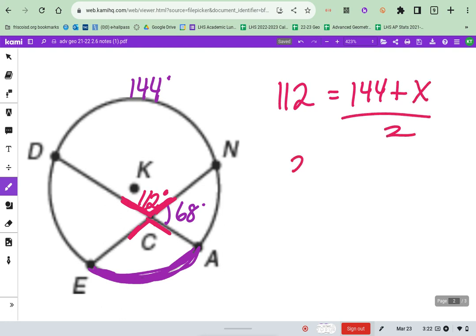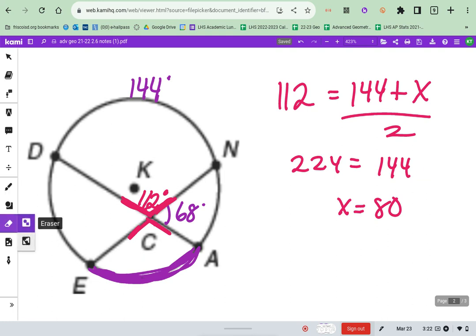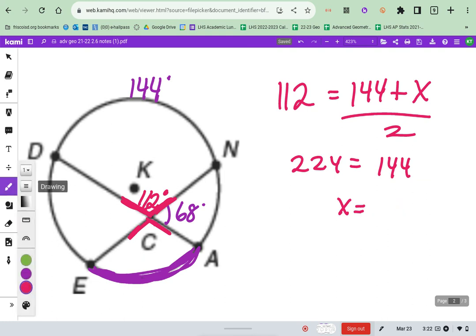So you'd get 224 equals 144 plus x. So x equals 80. It's not 144 times x, that's 144 plus x. Oh, goodness, thank you. But x is still 80, right? Yes. Good.